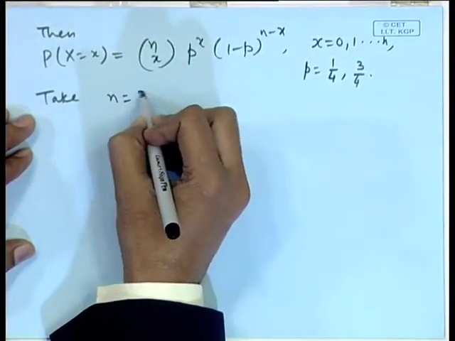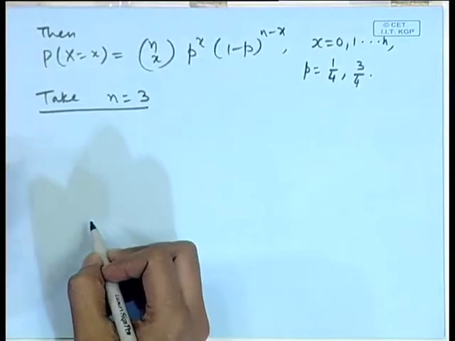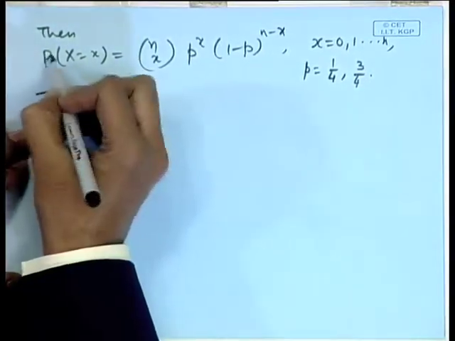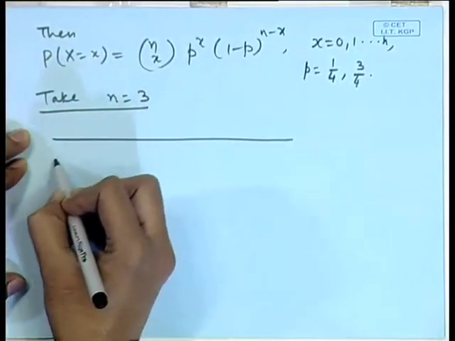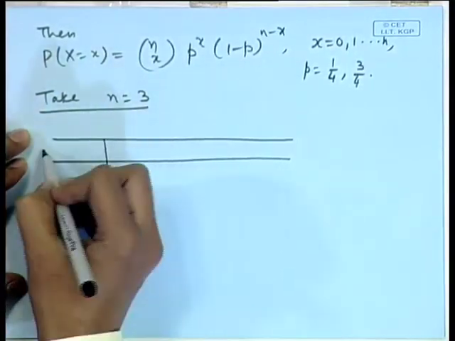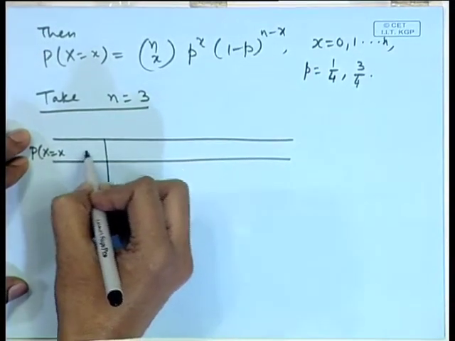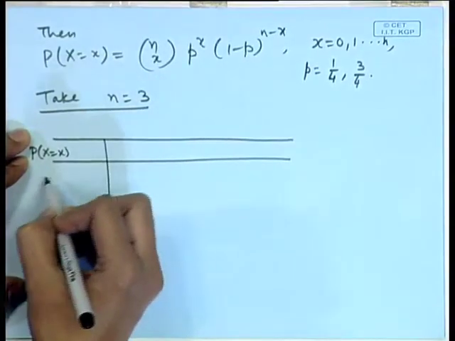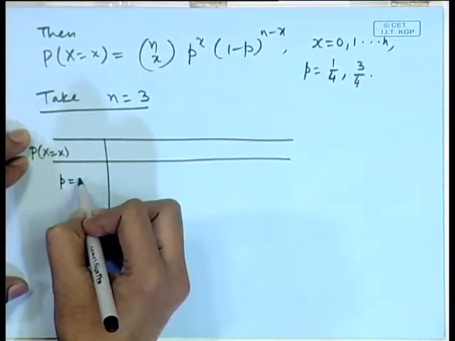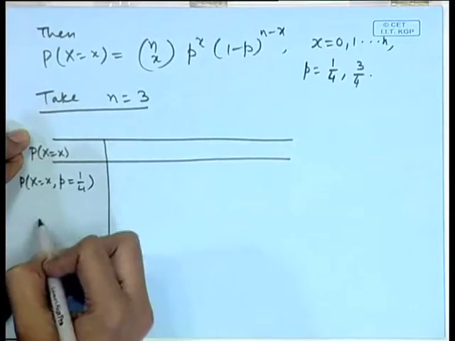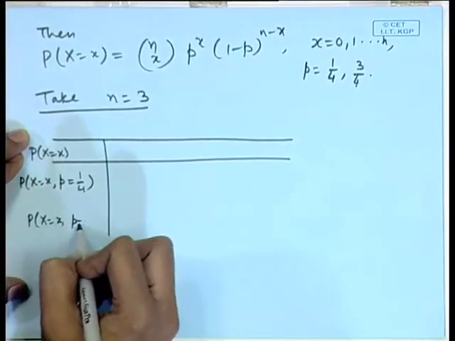So, let us work it out for a particular value of n. Let us take say n is equal to 3. What are the various probabilities? On this side I will write down the probability of X equal to x, and on this side I will consider the values of p. What is the probability of X equal to x when p is equal to 1 by 4, and when p is equal to 3 by 4?